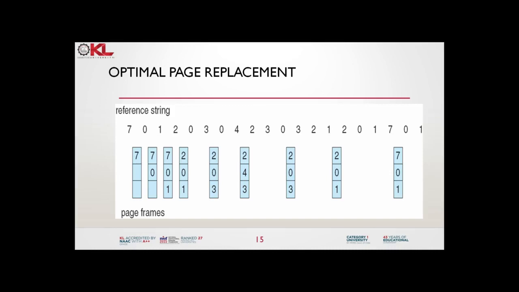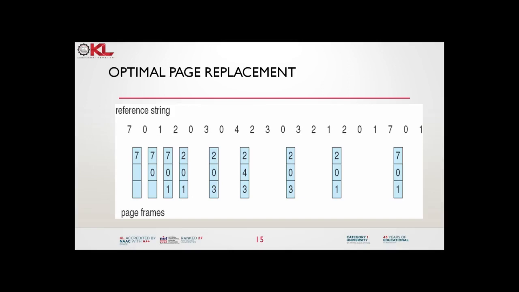If you see 0, after 2, my 0 is required, so I cannot change this 0. Whereas if you see 1, after my 0, I can use my 1.